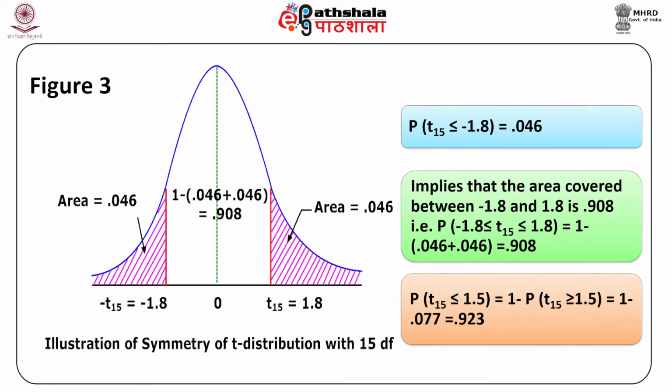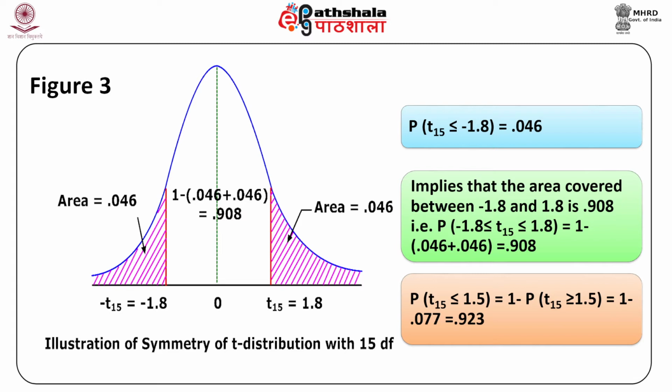Now, since the curve is symmetric in nature, which we have shown in our figure 3 also, this implies that the probability of T15 less than minus 1.8 is also equal to 0.046. So this means area to the right of 1.8 and to the left of minus 1.8 is 0.046.